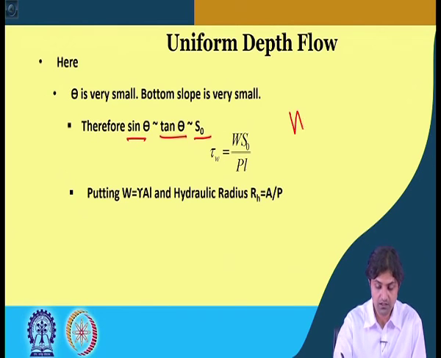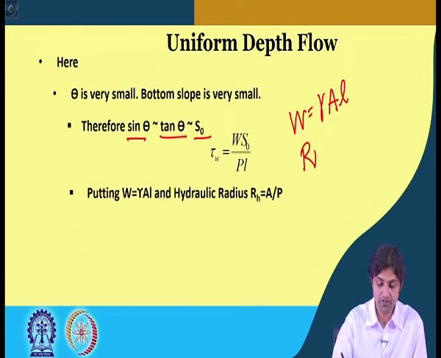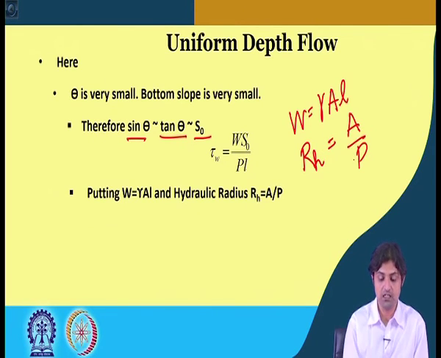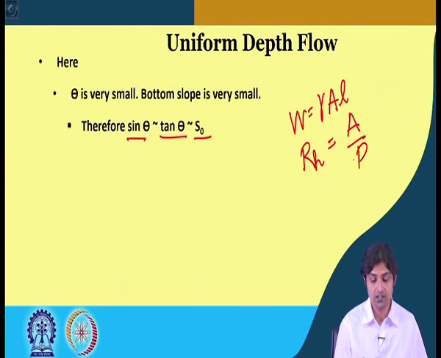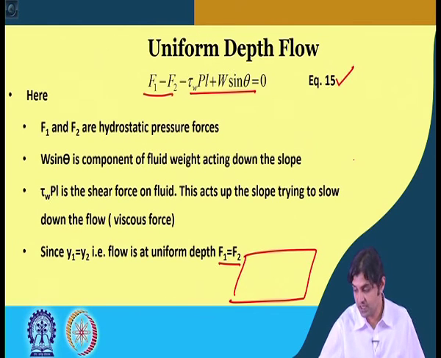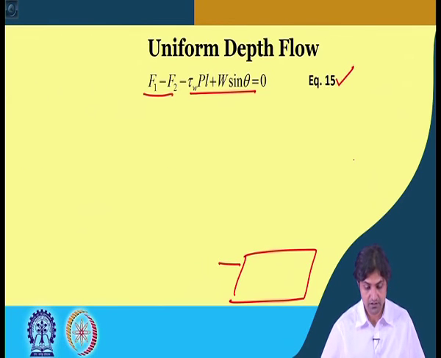so weight is gamma A into length L, and we have now defined something called hydraulic radius, which is A by the parameter P. If you see, we have always constantly been writing about P, and you would be wondering what that P actually is.